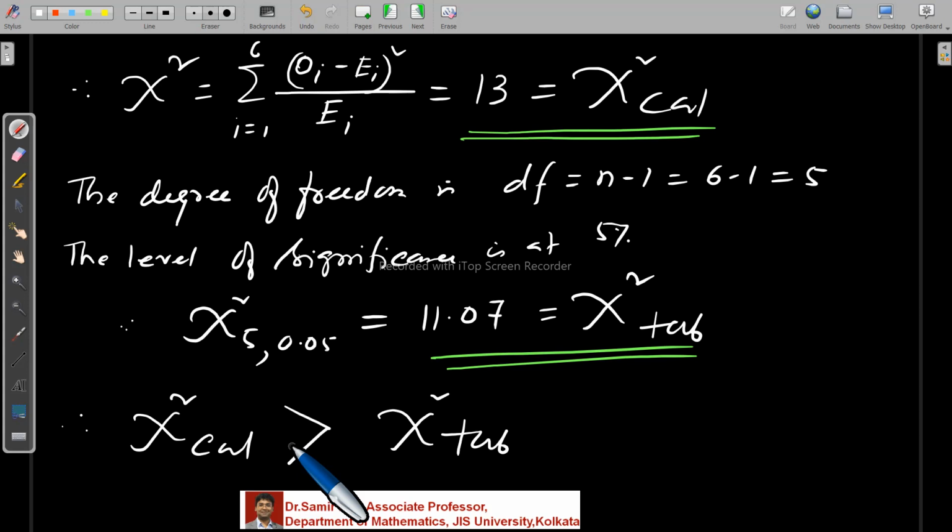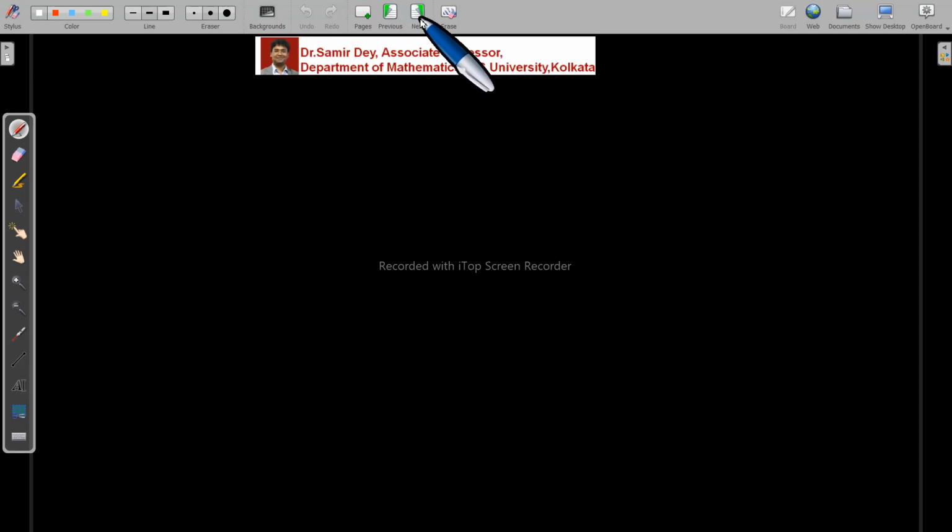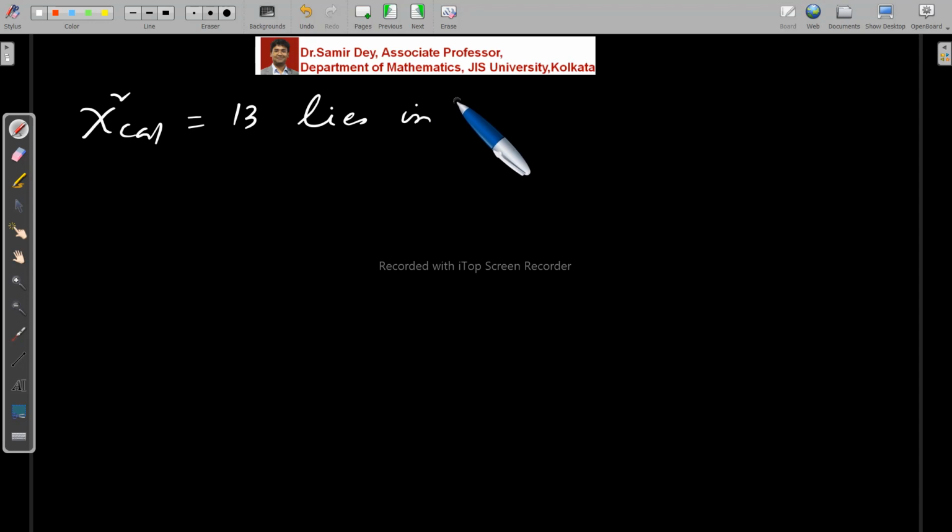Is it clear? So if chi square cal is big, you may write chi square cal equals 13 lies in the rejected region.